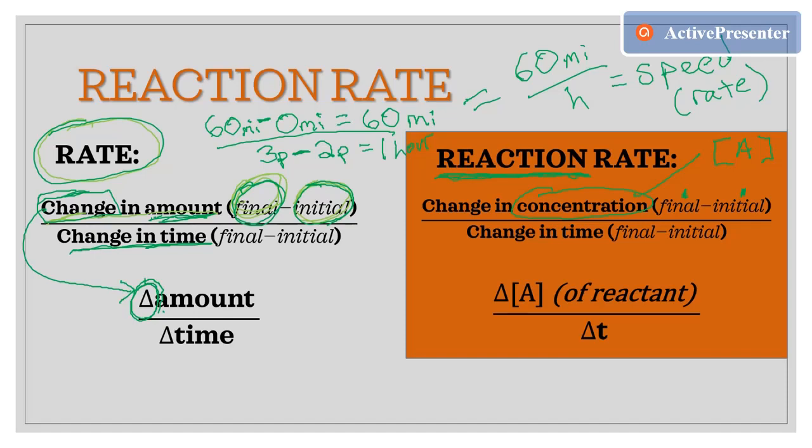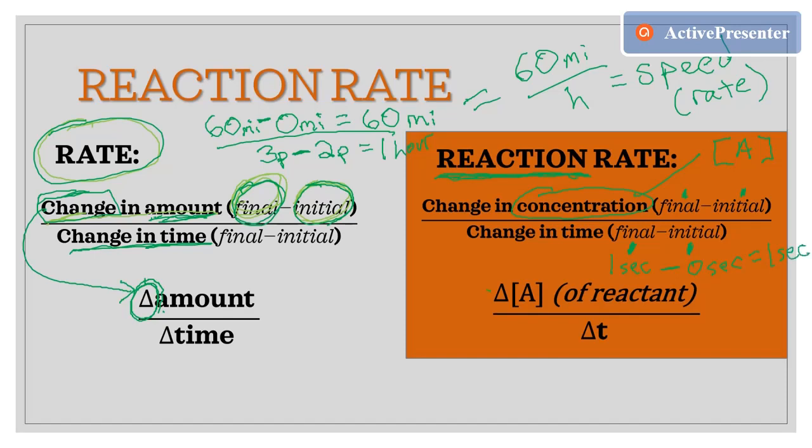you started with. And then you time it from the time that you put all the ingredients in until the reaction takes place. So the reaction takes place at the final, and the initial is when you start. So if you start at 0 seconds and it took 1 second before the reaction took place, you go 1 second minus 0 seconds, and that's 1 second.